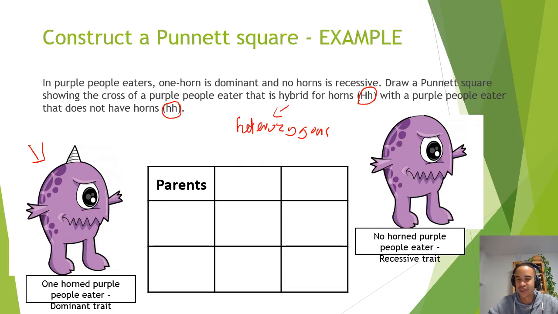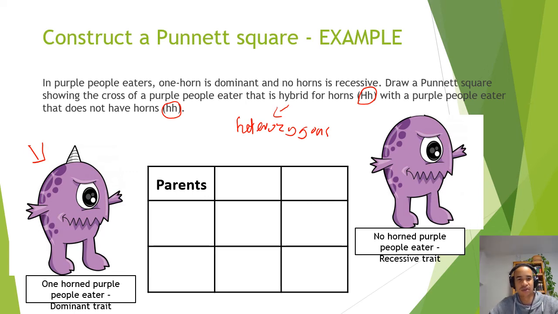Now, this question is a little bit simpler. It's given us the genotypes already, but what you need to be aware of is with these questions, you will need to be able to use logic to identify what the genotype is if you aren't given the genotype in the question.